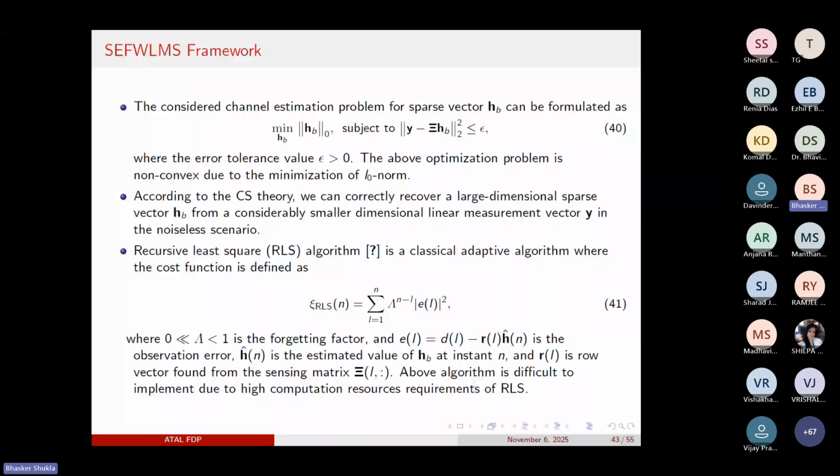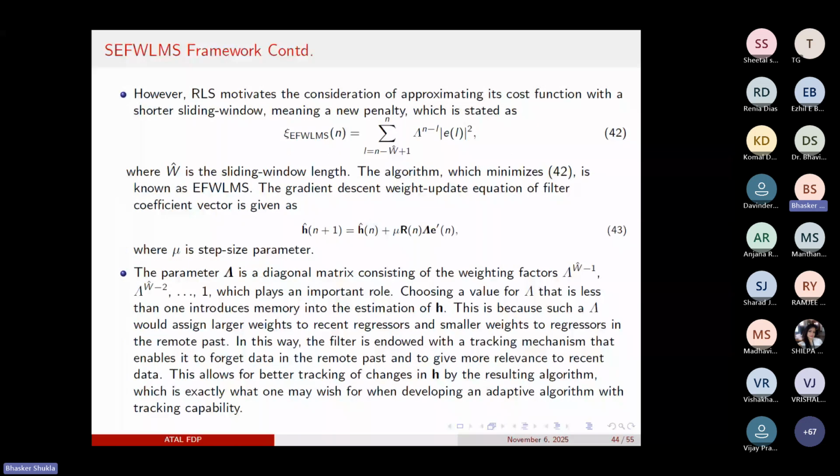So we form a window that slides in this fashion, where W corresponds to the sliding window length. Then applying this algorithm, we can find the weight update with the help of equation 43, where mu is the step size, and this is known as the exponential forgetting window LMS algorithm.